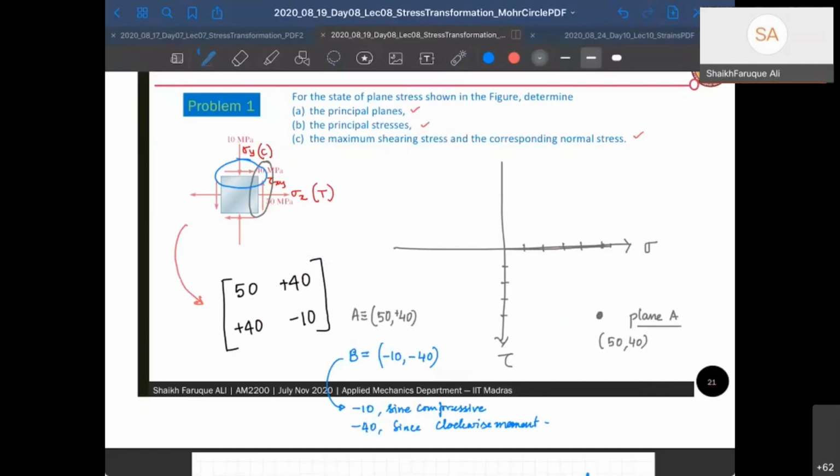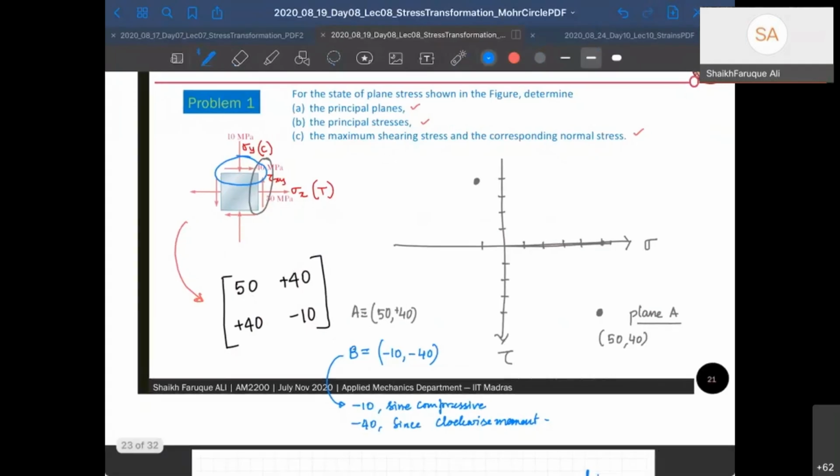Now let's look at the B point, which is going to be minus 10 here. So that's my minus 10 and minus 40. So 10, 20, 30, 40. So somewhere here. That should not be black, that should be blue according to my color combinations. So that's my blue, and that can be written as minus 10, minus 40. If I make a mistake, please let me know. And then my next job is to join these two points, right?